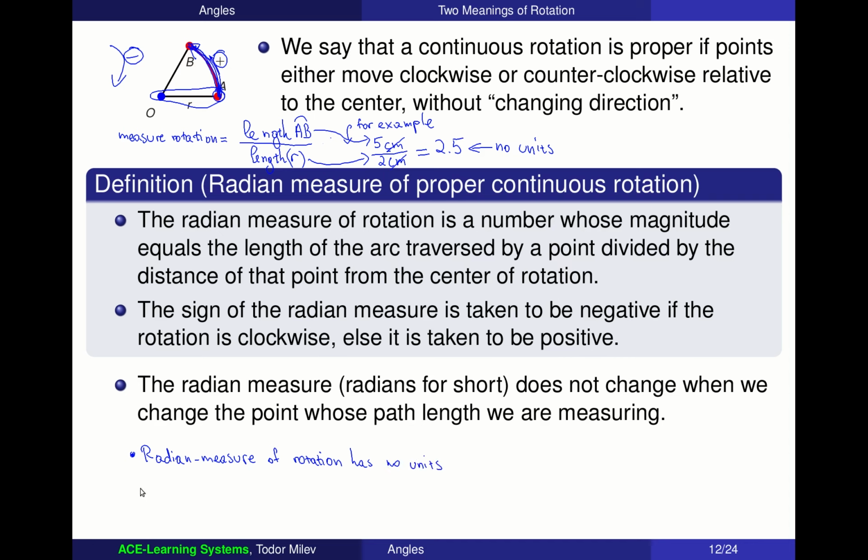But if you recall, when we were defining a measure of a geometric angle, this was given as a certain length. Let me be more precise, that was the length of an arc of the unit circle.